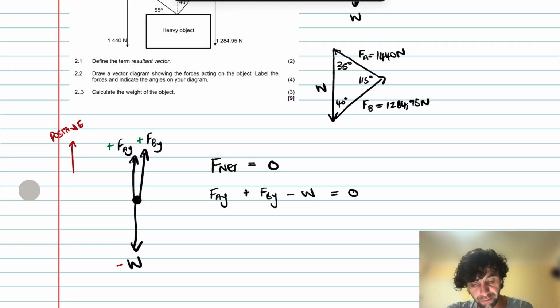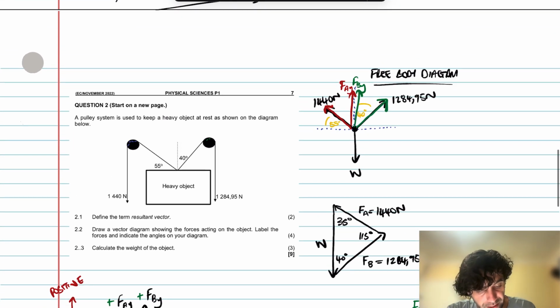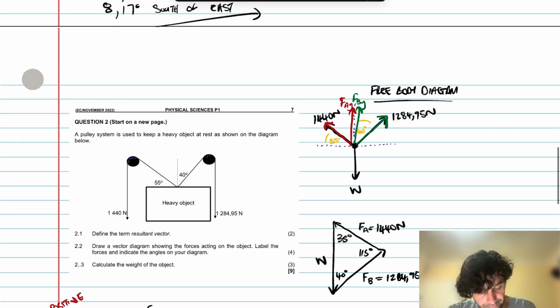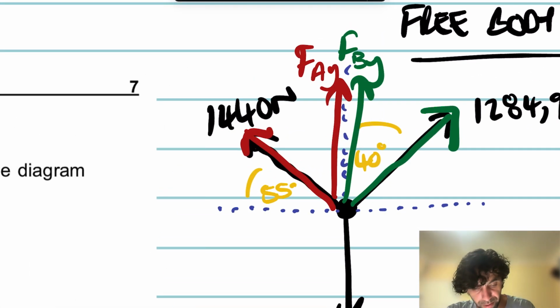Let's quickly think to ourselves, what is FAY? Let's just do it on the side here quickly so we can see exactly what this is. FAY, sorry, I made it red, so let's just stick with the theme. FAY, which was my red force here, is going to be equal to what? If this is 55 degrees, what must this be?